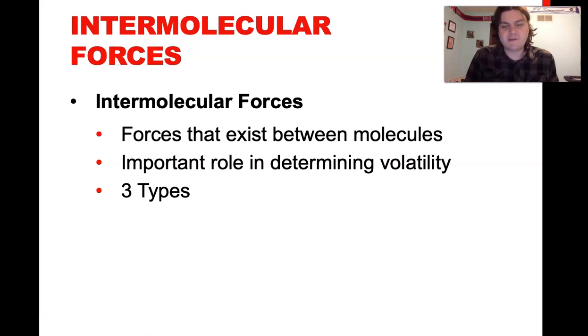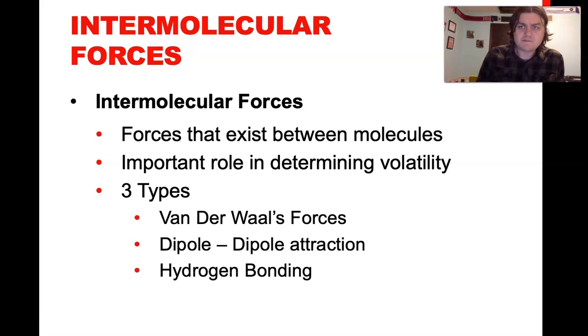We're going to cover three types of these. Starting at the top of this list and going down, the top one is actually the weakest of the three, van der Waals forces. We'll then go to dipole-dipole attraction and close it out with hydrogen bonding, which is definitely the strongest of these three intermolecular forces.